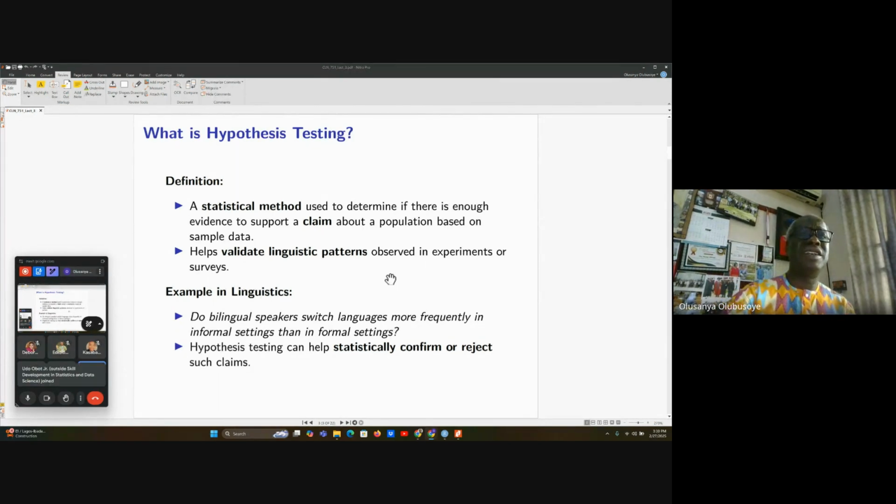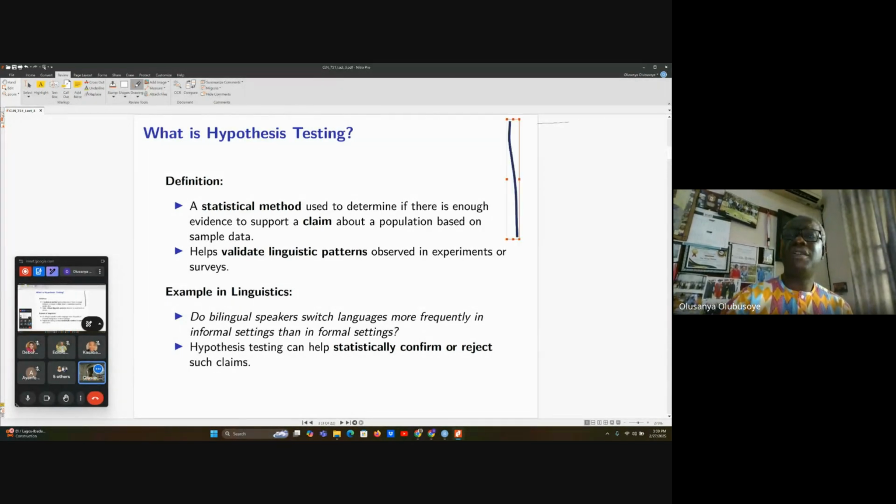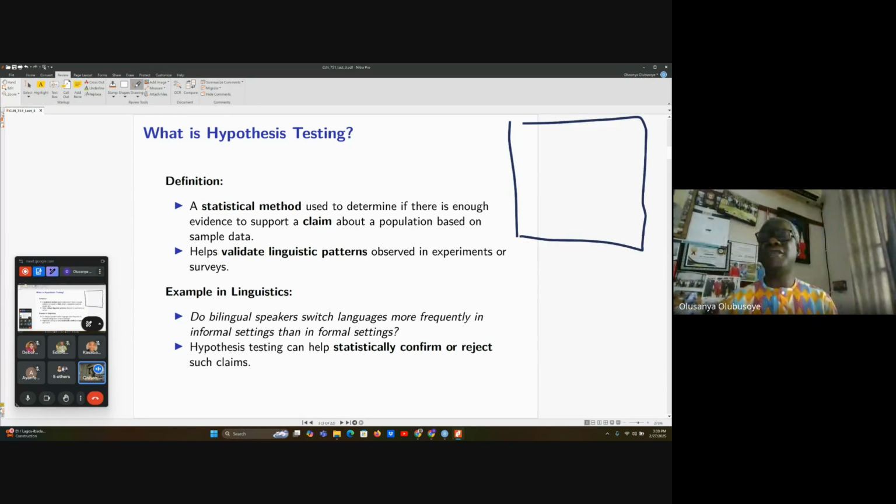And I've said earlier that we have our population, and if the population is too large, we can use a sample. So when we collect a sample, we can make a claim about the population, say the population of students in the linguistic department.